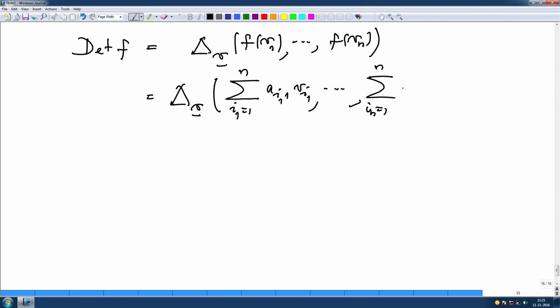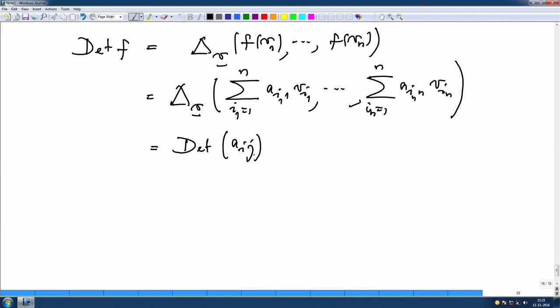We have done such a calculation earlier also, and when you use the alternating multilinearity of delta v, you will get the determinant of the matrix Aij.